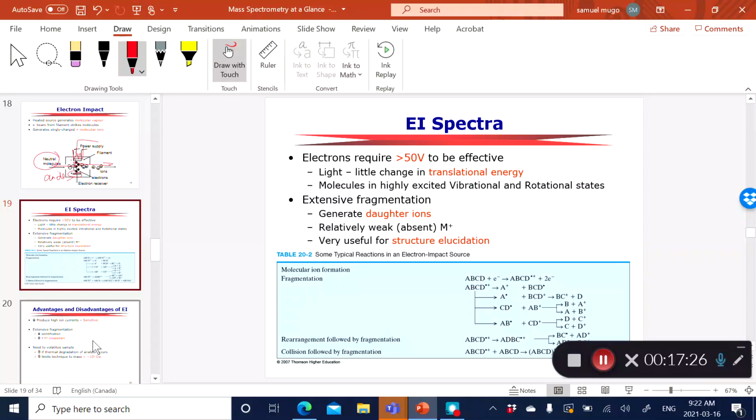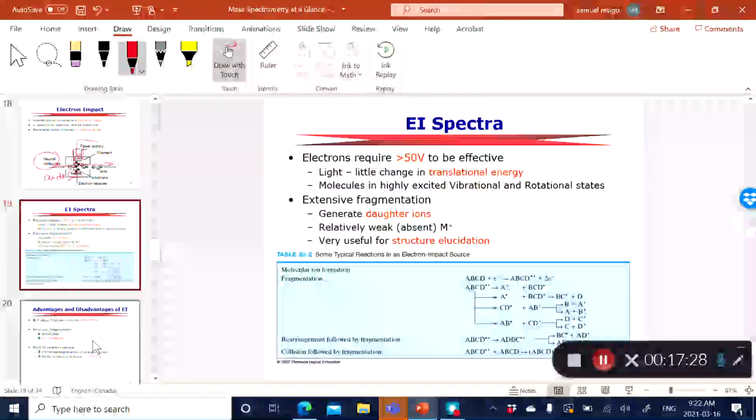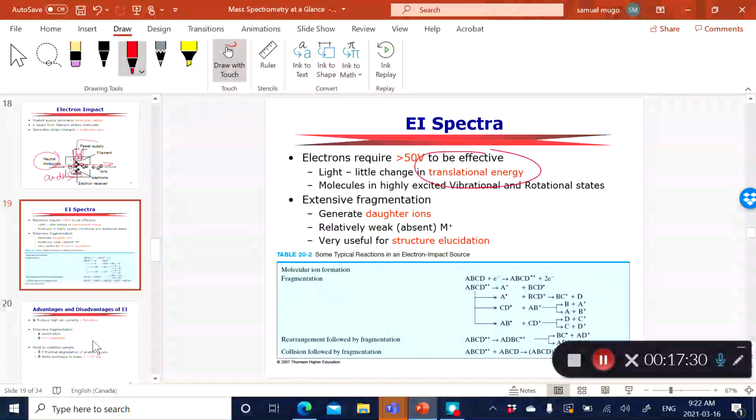As I've said before, it's very harsh. In general, the electrons have very high energies, and for that reason, you get the analyte being ionized.